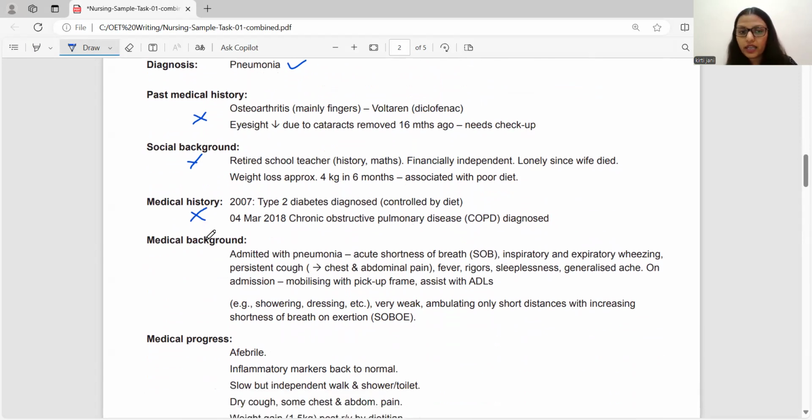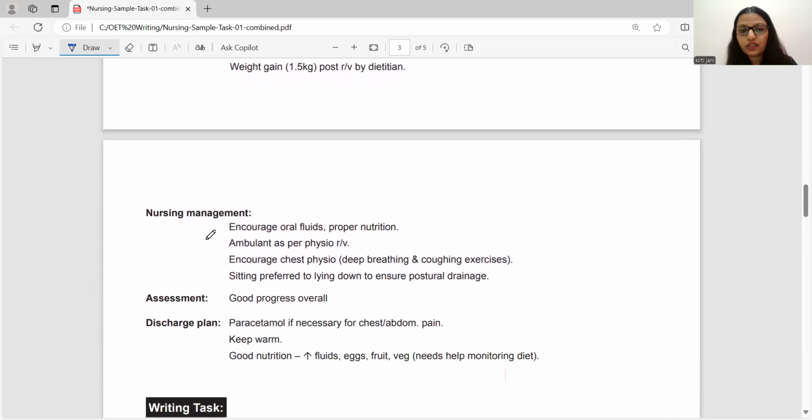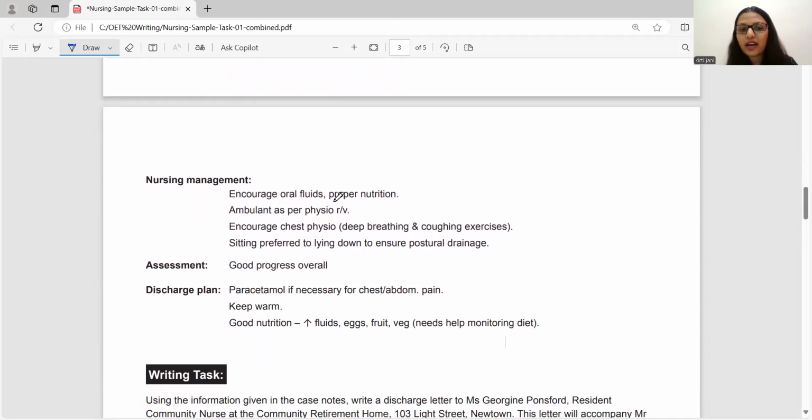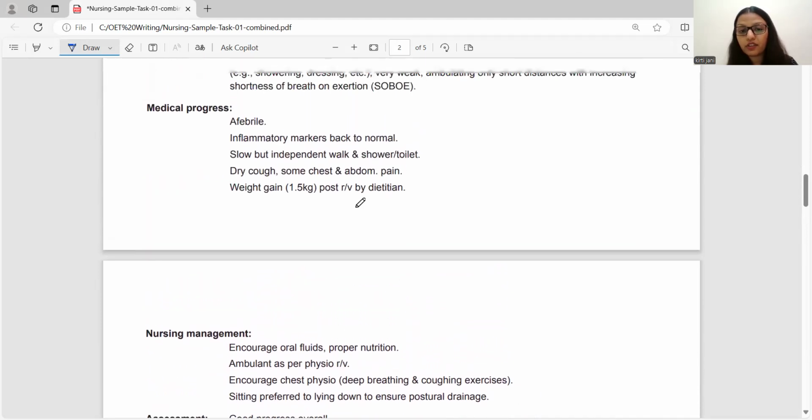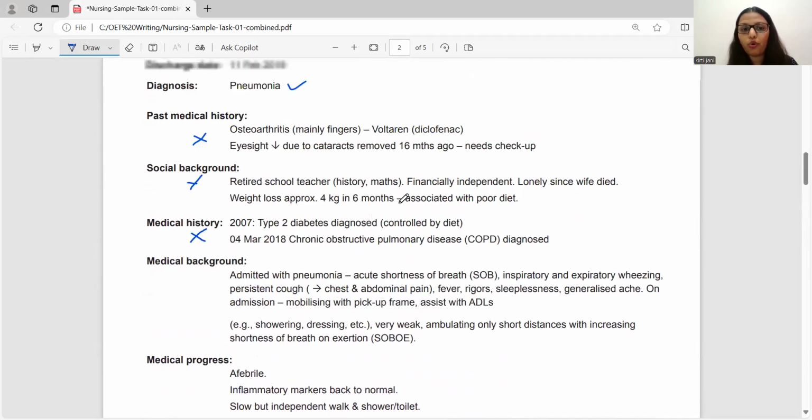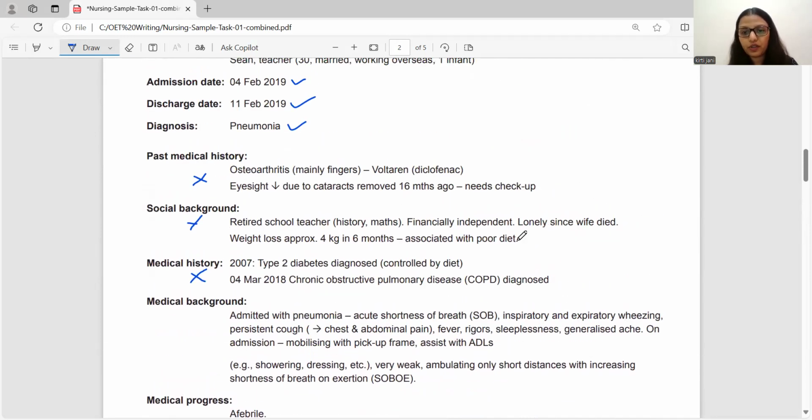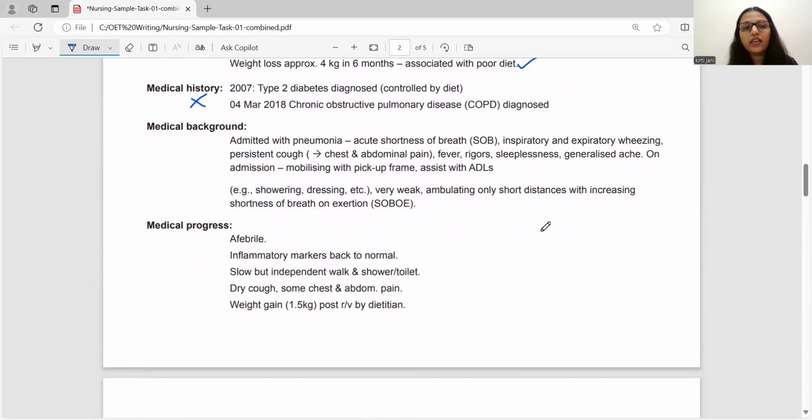But while reading, I came to know that patient has some issues with the diet, and we have referred the patient to the dietitian. So I will write this information as well about weight loss. Okay, I will definitely write all the complaints of the patient.